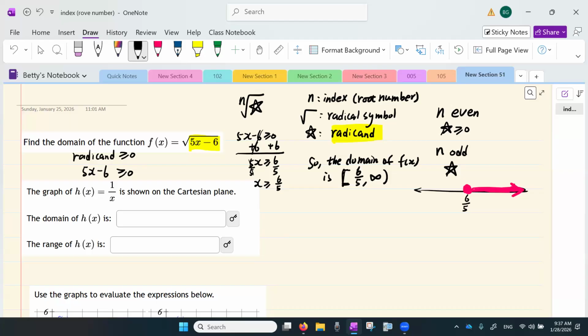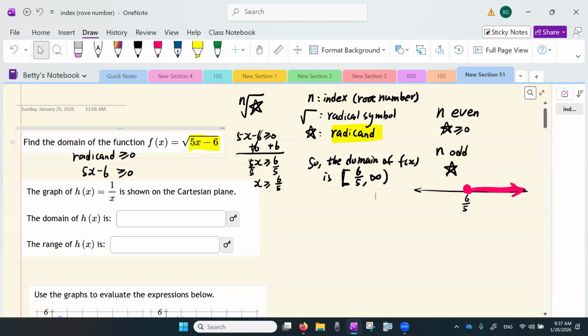Let me summarize. When we need to find the domain for a radical function, first thing, look at the index. If the index is an odd number, like 3, we don't have to worry about it. There's no restriction. Very likely it's all real. Of course, we have to look at what the function exactly looks like, right?